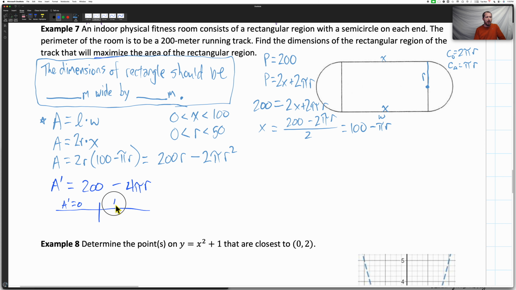equals 0 and where A prime is undefined. All right, our A prime is linear, so it's not undefined anywhere for any r values. And if we set this equal to 0, what do we got? Minus 200 divided by negative 4 pi.